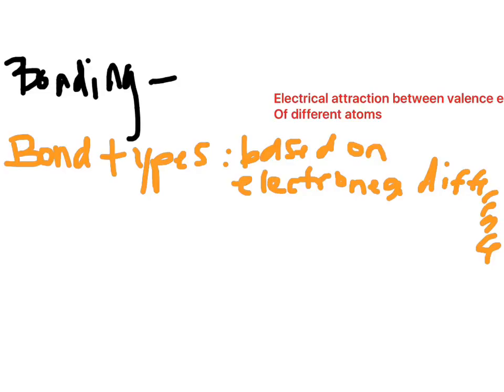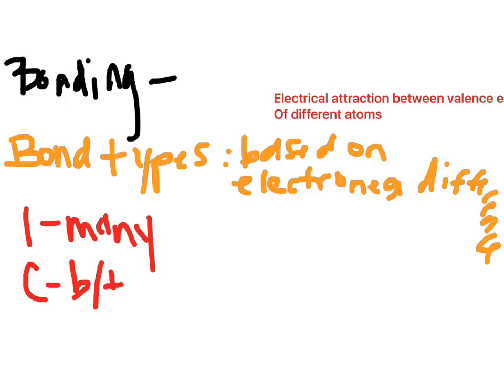Ionic bonding is between many atoms, and it forms a crystal lattice, like salt, NaCl. Crystal lattice is like a crystal lattice. So just know that it's between many atoms. So ionic, many. Covalent, between two atoms.